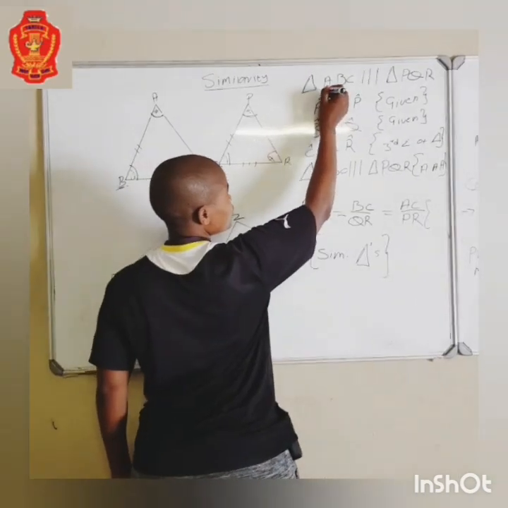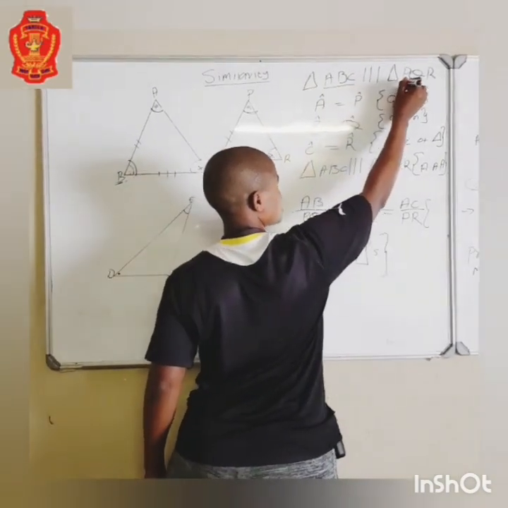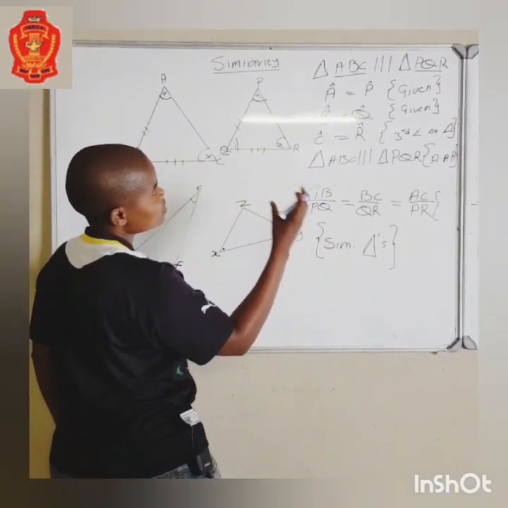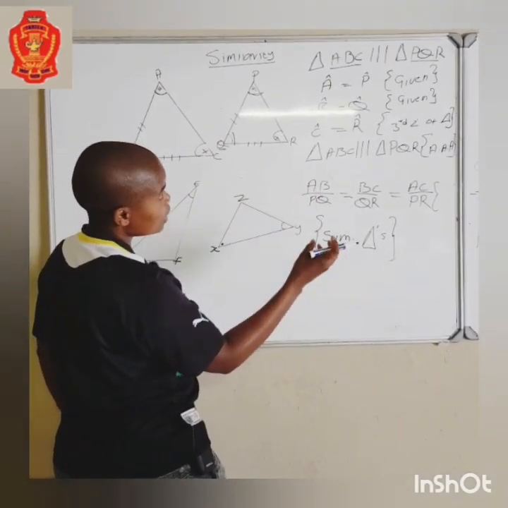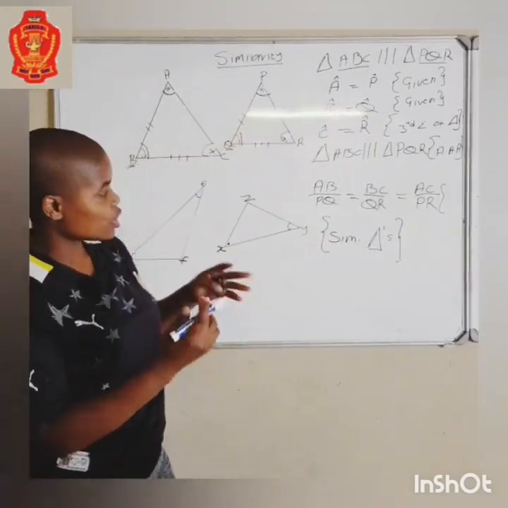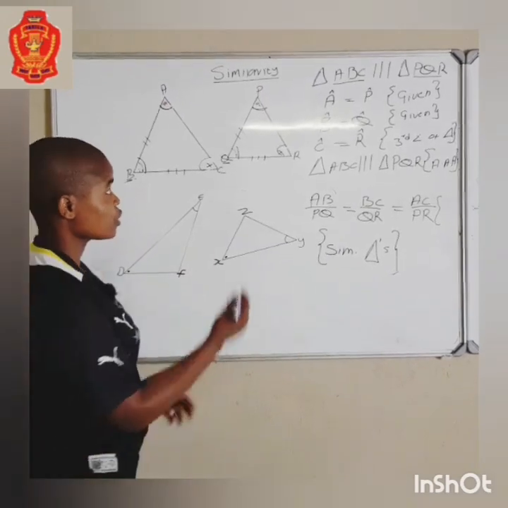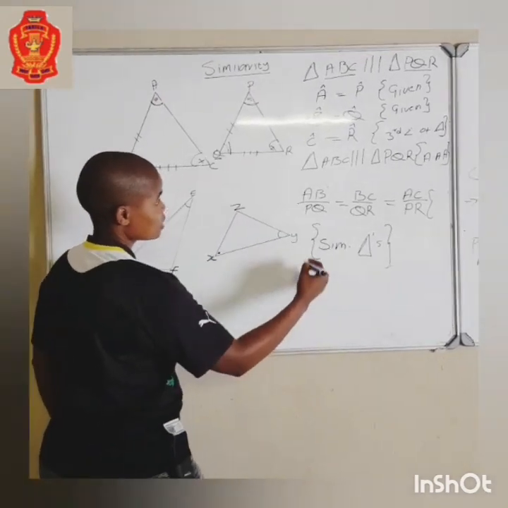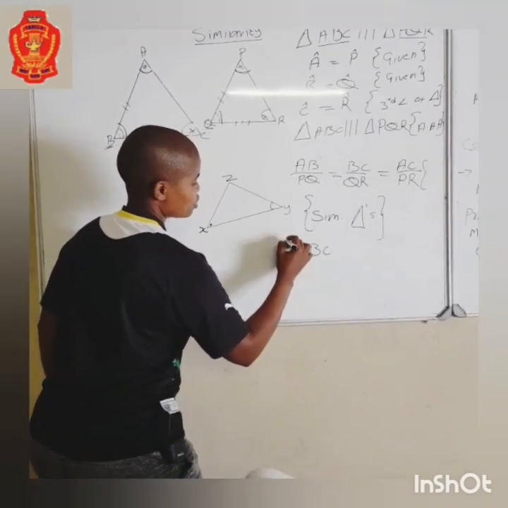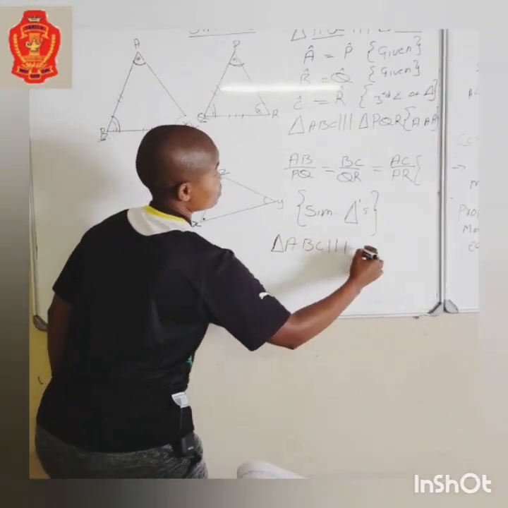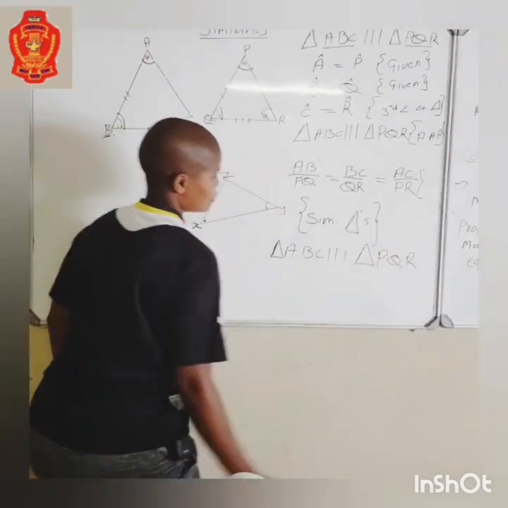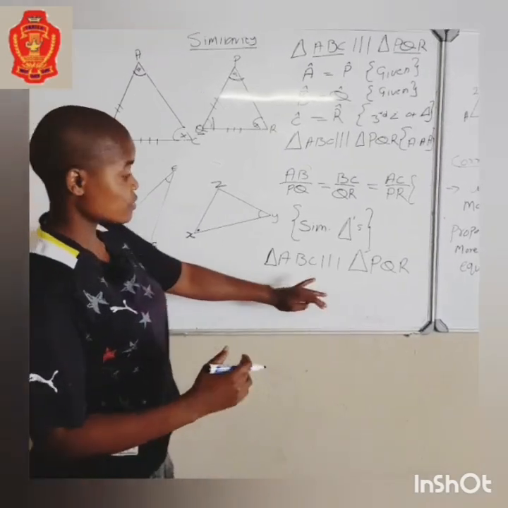The order in which these triangles are written indicates that angles are equal and also the sides are in proportion. Let me show you how. The order in which they are written is very important. So it's triangle ABC, which is similar to triangle PQR.